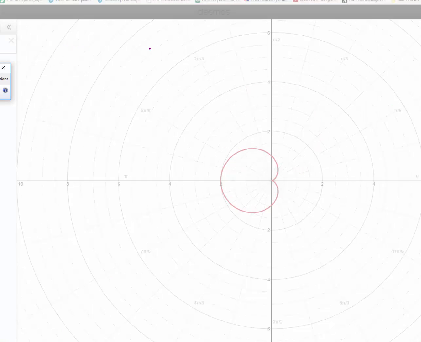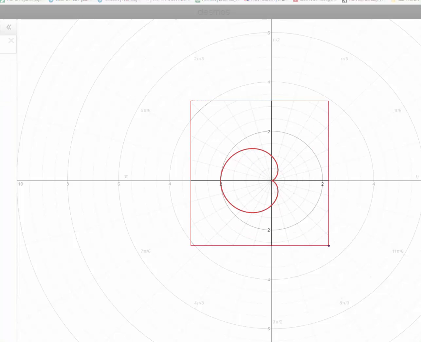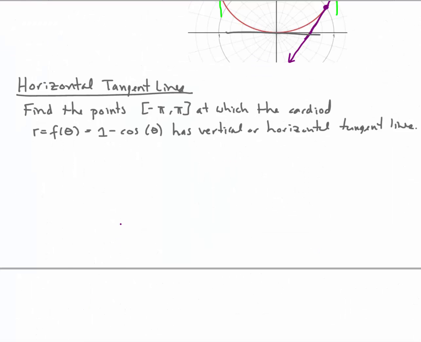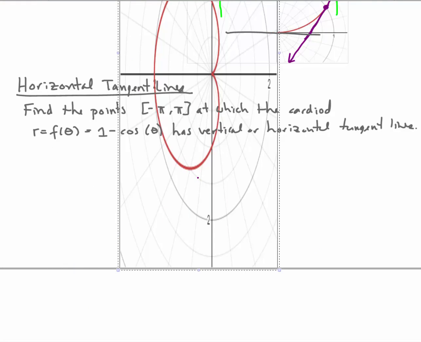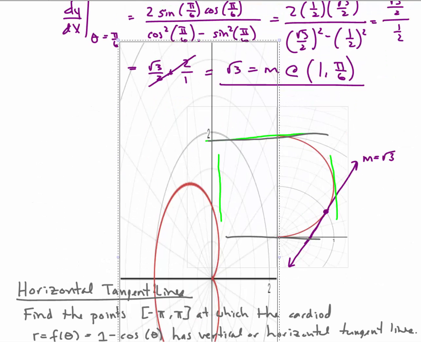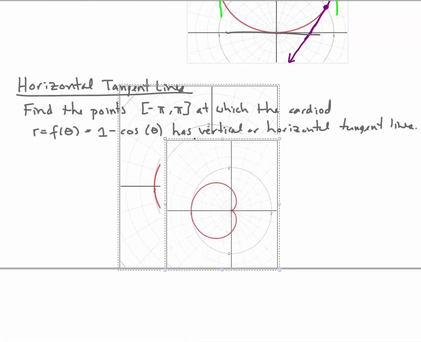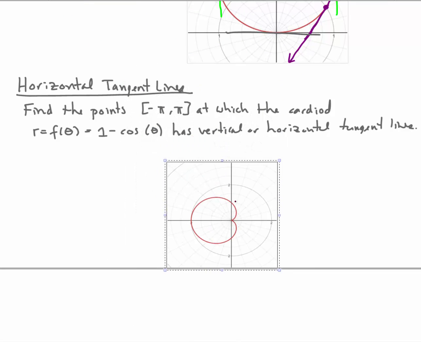Let's go ahead and grab this and put it in our lecture. Might have to refer back to this, so I'm going to leave it open. So as we look at this picture, it definitely appears that there's some horizontal tangent lines and some vertical tangent lines as well.